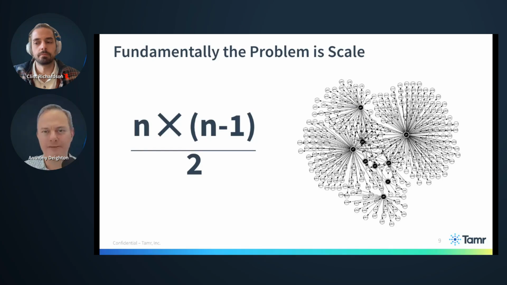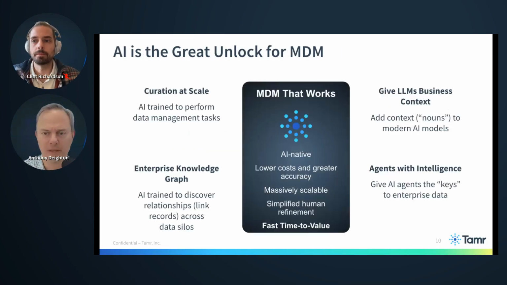And the reason is that the fundamental problem of organizing enterprise data is a scale problem. This goes back to the original academic research that literally founded Tamr, this idea that this is what we call in computer science an n-squared problem, that the challenge goes up with the square of the underlying data, and you're just never going to hire enough people or write enough rules to solve the problem.